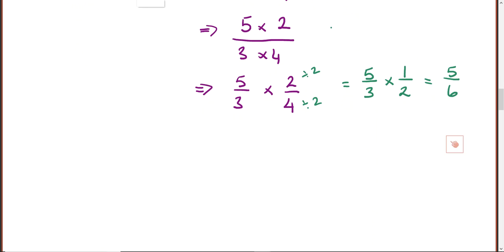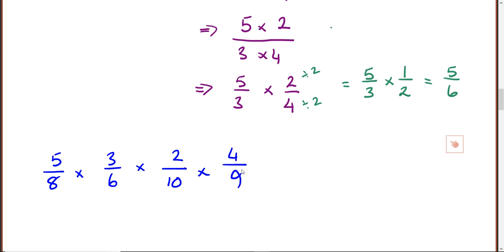What if I give you a more complicated question like 5/8 times 3/6 times 2/10 times 4/9. Okay? And I want to do that calculation. Now here's an example where I could do it all in one go, it's fine.